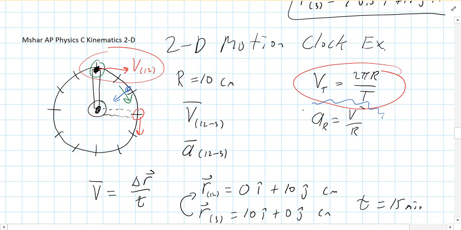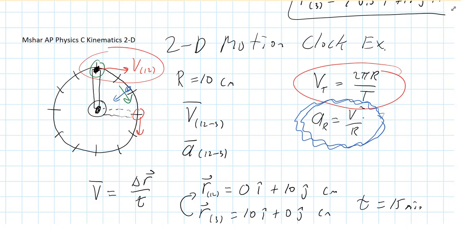Now notice something else. We did not use our radial acceleration equation. Didn't need it, and it wouldn't be useful here anyway. That gives you the magnitude of the acceleration at any moment, but the acceleration is not constant. The magnitude of the acceleration is constant. It's whatever v squared over r is, pi over 3 squared divided by 10, okay?